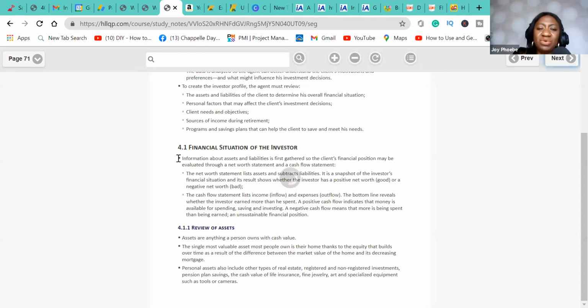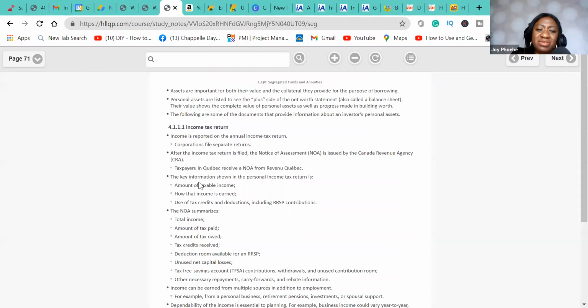And then also their income and tax returns. There is income that they report on their tax returns. And after the income on their tax return, the notice of assessment is also key information. We don't ask people all this now.